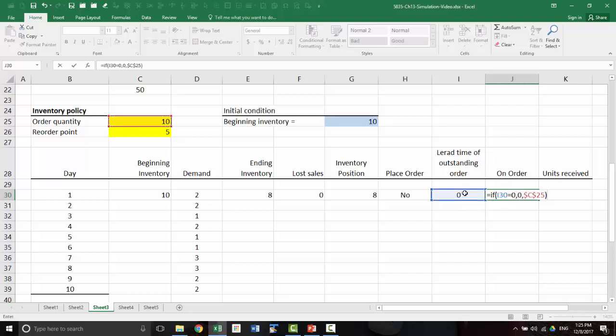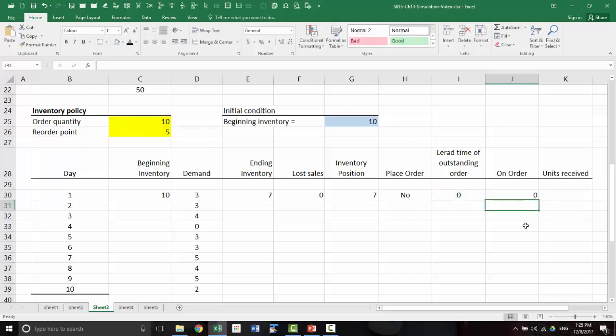So if there is a positive lead time, then the outstanding order is 10. Otherwise, there is nothing, no order. Now, here is where the problem arises. Now we have to see whether that order was received or not. Whether it was received is based on whether there was an order and what the lead time is.